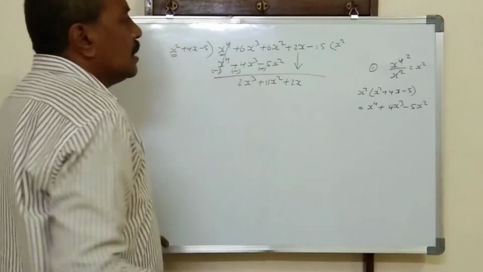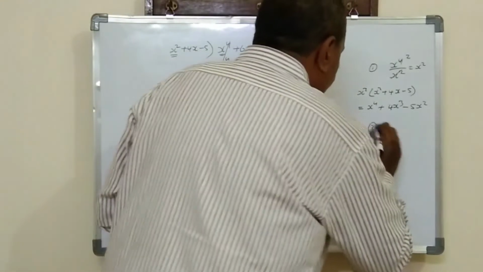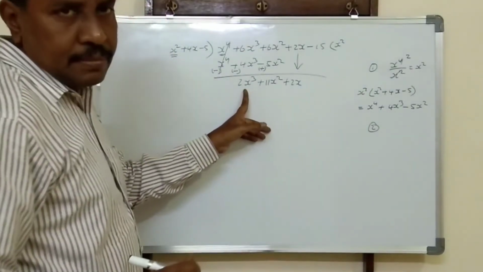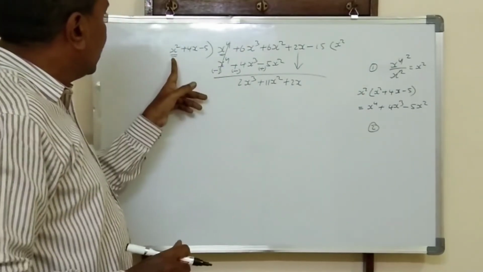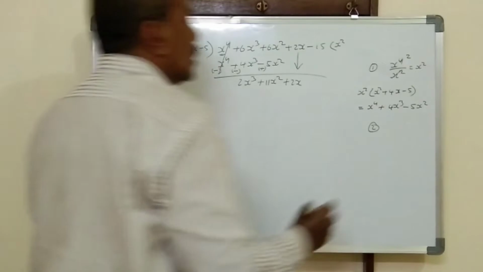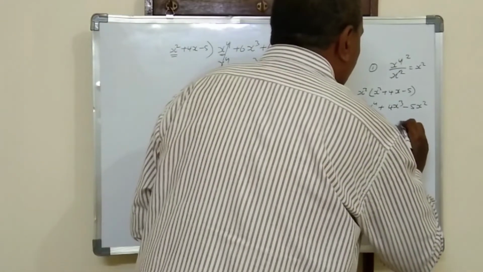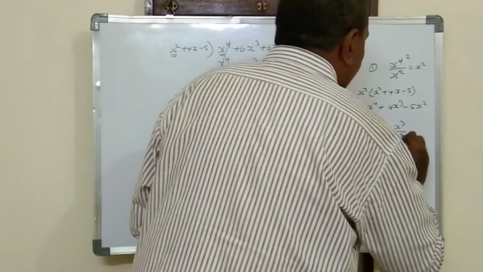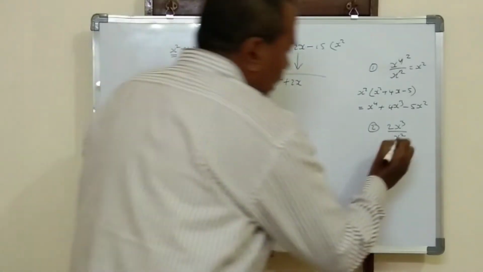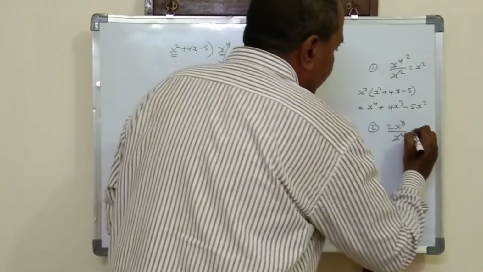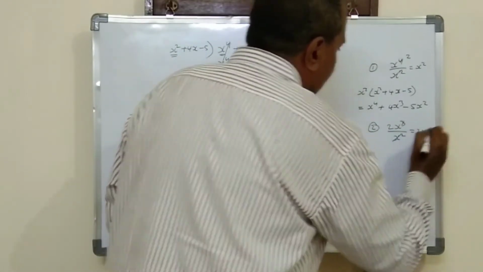Okay, now step 2. Again take the first term, 2x cube, and divide with x square. 2x cube divided with x square. Okay, x cube by x square gives 2x times.